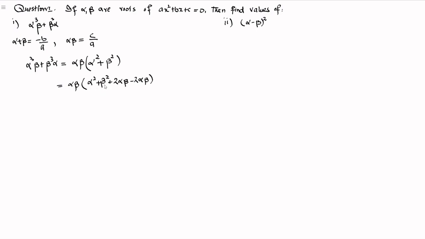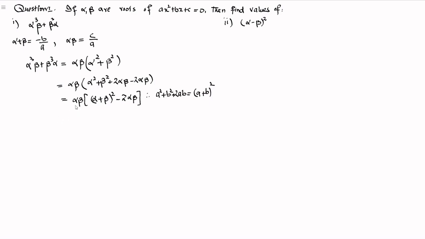Now this is a square plus b square plus 2ab, which is equal to alpha beta times alpha plus beta whole square, and we have minus 2 alpha beta, because a square plus b square plus 2ab is equal to a plus b whole square. This is a, this is b, this is 2ab, which is equal to alpha plus beta whole square.